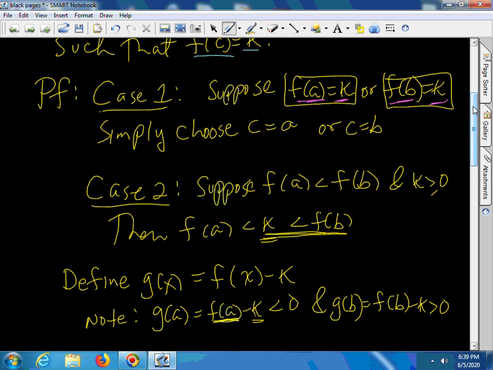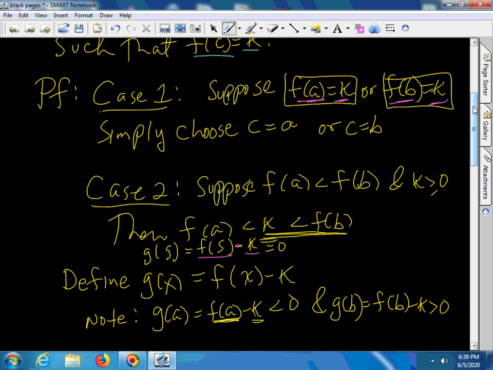So we want to find out when g of x is equal to 0. For example, if g of psi, which is f of psi minus k, is equal to 0, that would imply that f of psi equals k.